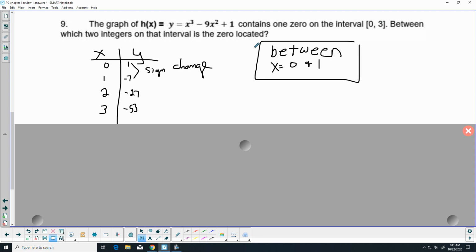Which two integers is the 0 located? Well, make a t-table. Go from 0 to 3. And then look for your sign change. My sign change happens right here. Goes from positive to negative. So I know I have to have a 0 between 0 and 1 because it's crossing the x-axis between those 2 points.